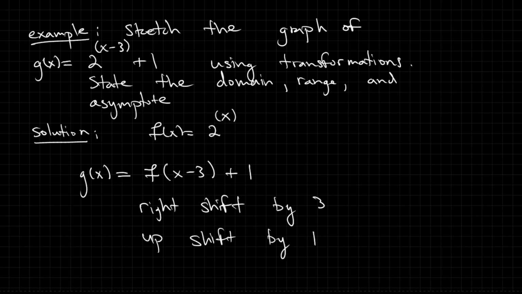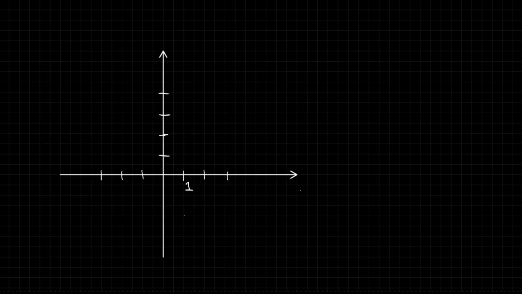Now let's go ahead and sketch the graph of 2 to the x and the transformed function. I have some graph paper here. So 2 to the x goes through (0, 1), (1, 2), (2, 4), (-1, 1/2), (-2, 1/4).